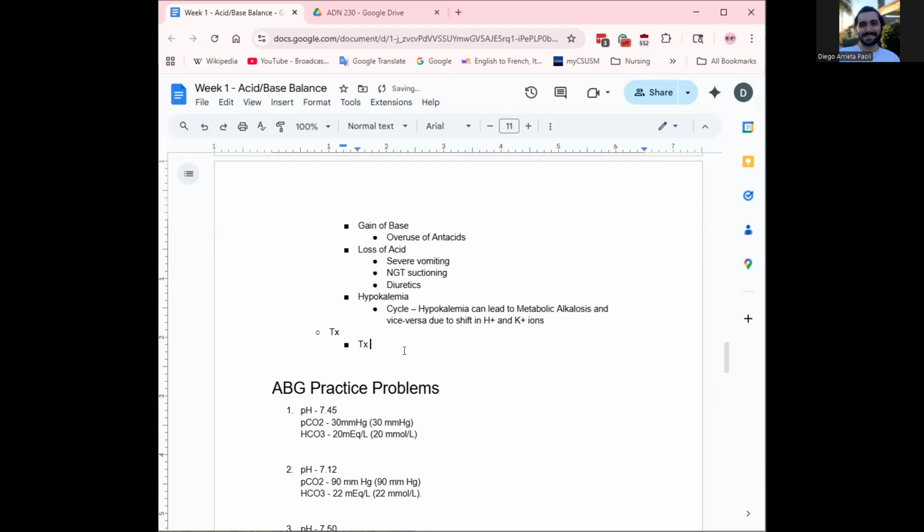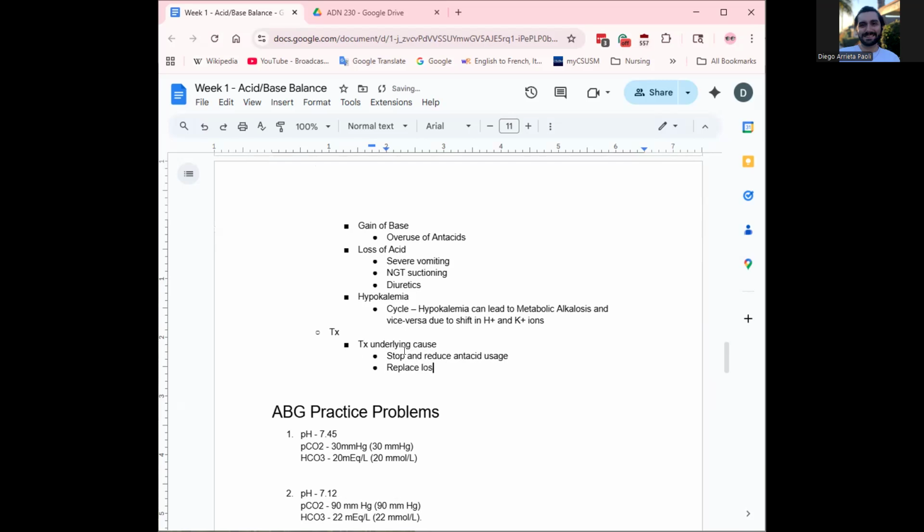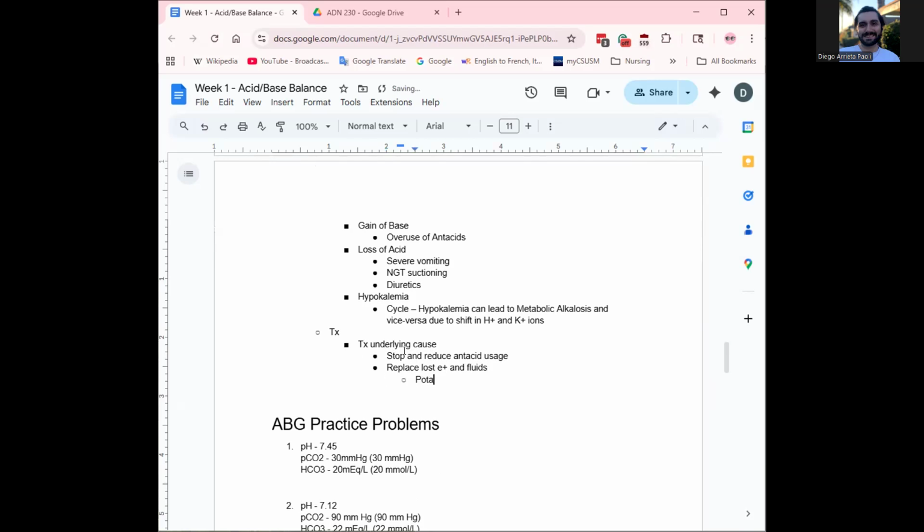Again, this is also going to be treat the underlying cause. So you can have them stop and reduce antacid usage, and then replace lost electrolytes and fluids. They just want some sort of isotonic solution for this one.